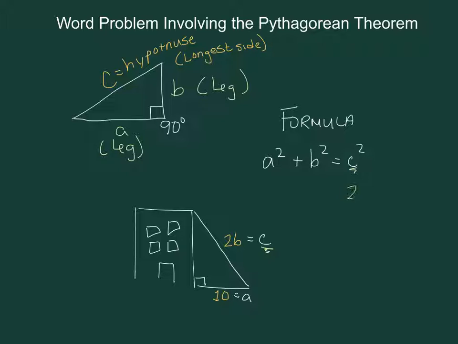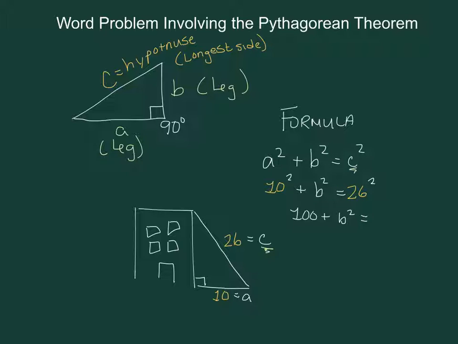So we know that this is going to be 26 squared equals B squared plus 10 squared. So the next step is we're going to square the terms. So I know that this is going to become 100 plus B squared, and then I'm going to have to do 26 times 26, and I'm just going to grab my calculator for the sake of speed.